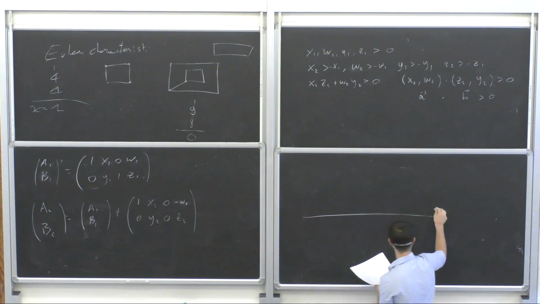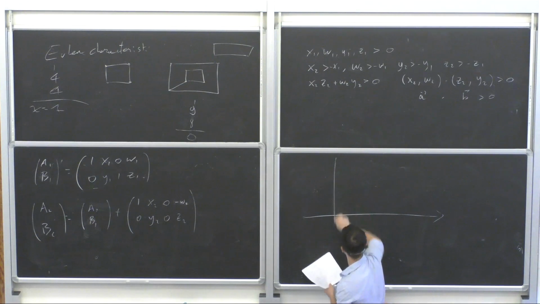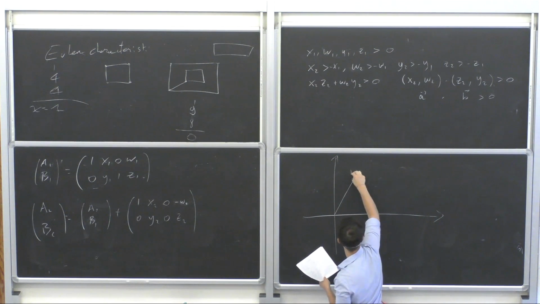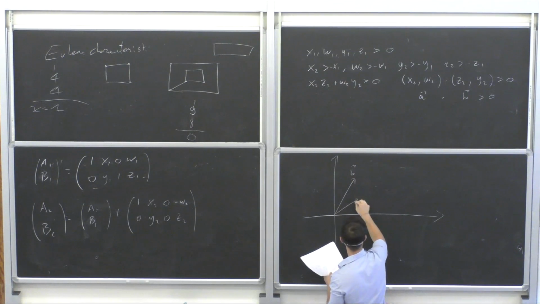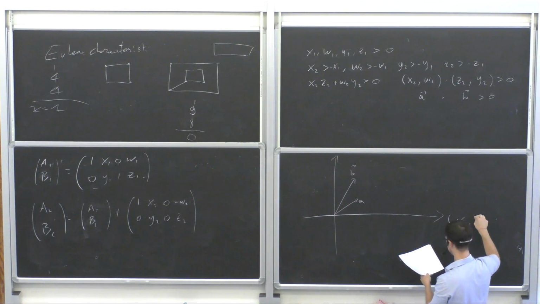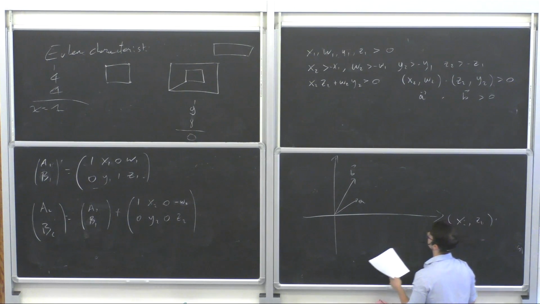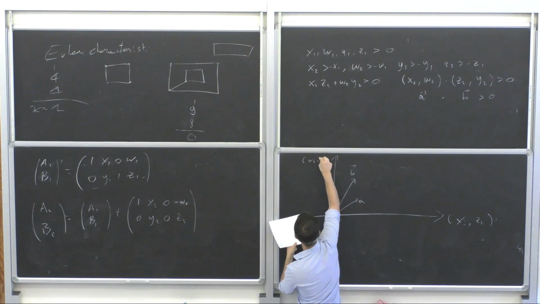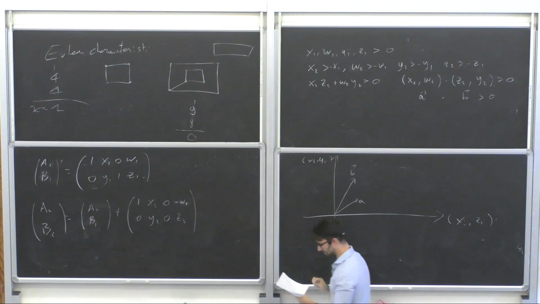So we have two vectors, b and a, right? Here we have the variables xi and zi, and here we have the variables wi and yi. You know, this is an 8-dimensional geometry.